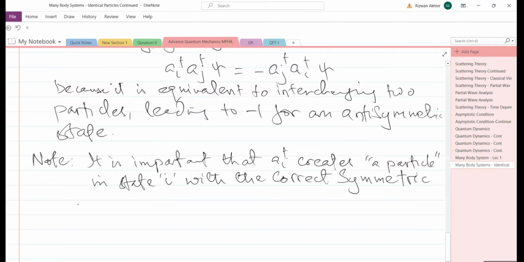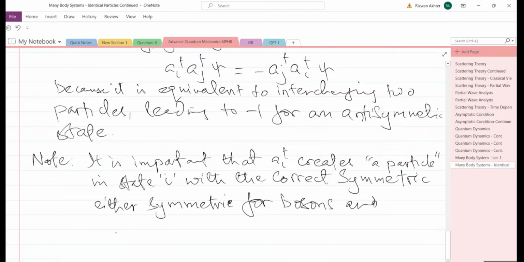Yeah, so either symmetric for bosons and antisymmetric for fermions. This is very important.